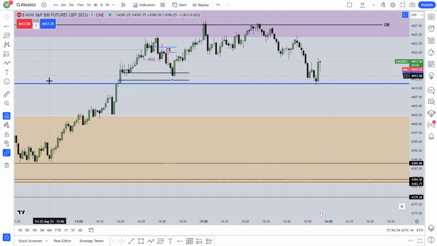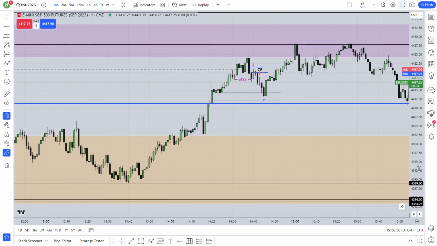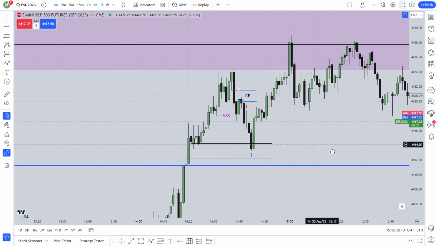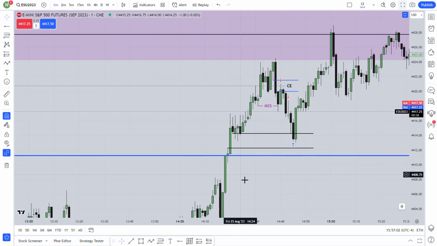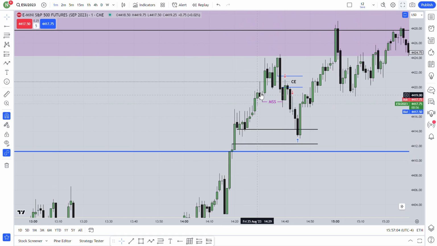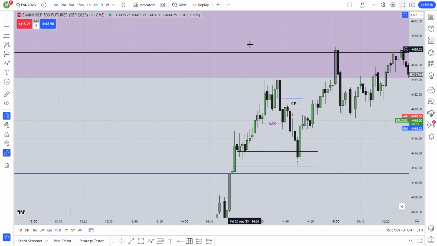Let's go to the PM session. Here is the PM session, the PM session silver bullet actually. So when the market traded the lower part of the hourly fair value gap, you remember the hourly fair value gap, it traded just in that candle and then broke down lower.